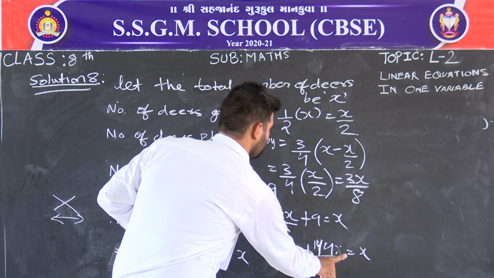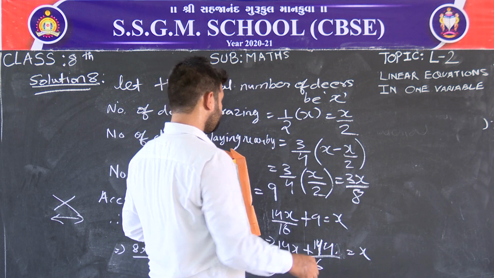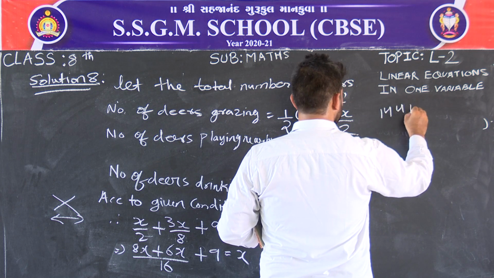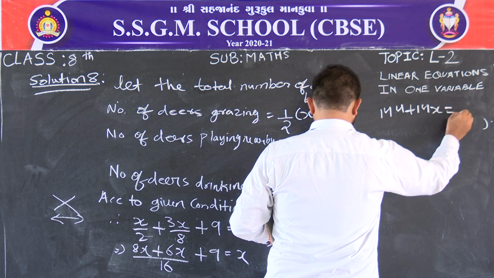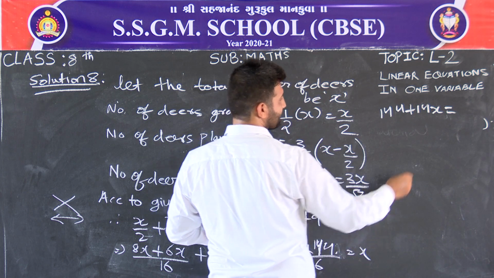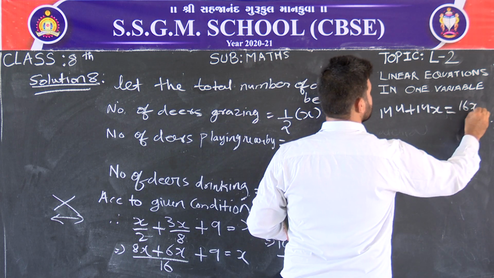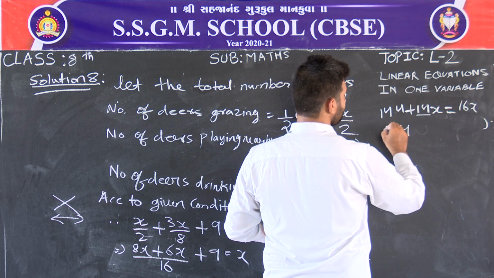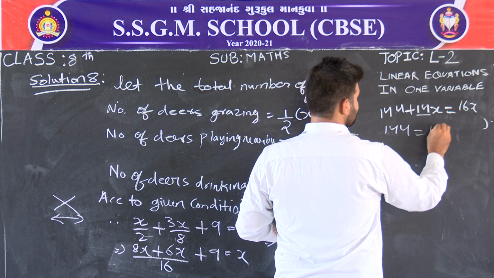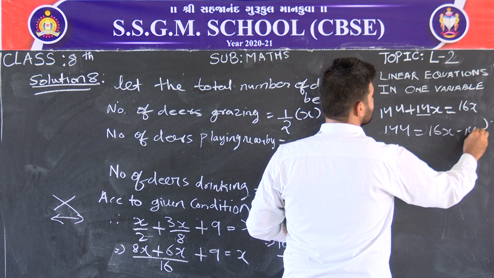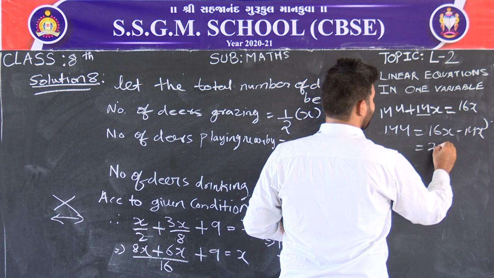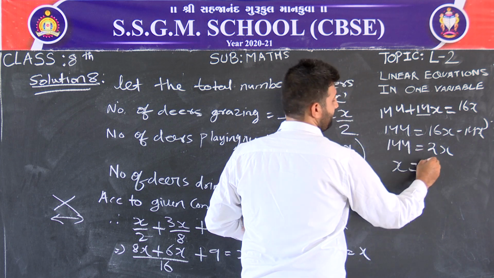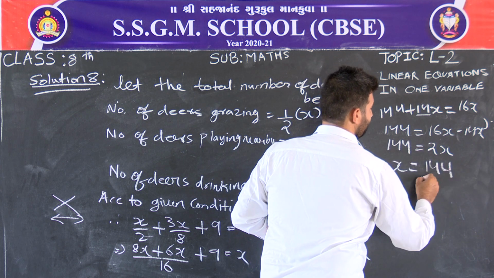Sorry, 144 plus 14x will be there. So 144 plus 14x equal to 16 into x, 16x. Take this 14x to the other side. 144 will become 16x minus 14x. It will become 2x is equal to 144. So x will be 144 divided by 2.